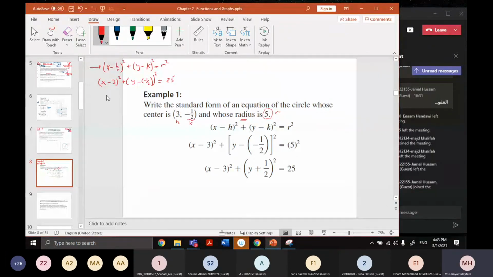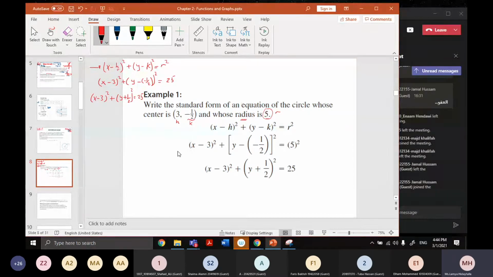If you want to expand, you can expand, or you can leave it like that. So it is x minus 3 squared plus y plus half, because minus minus, correct? And then square is equal to 25.